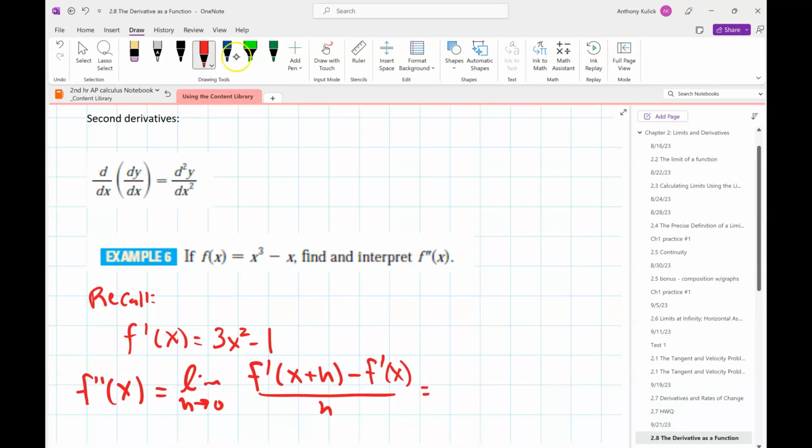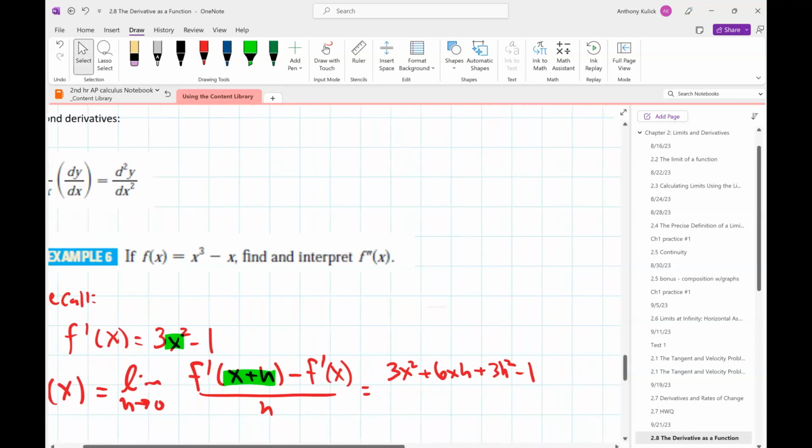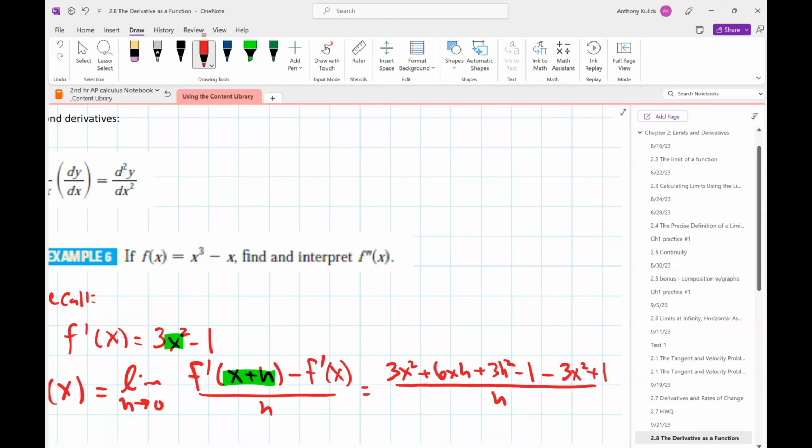So when I plug x plus h into f prime, I get 3x squared plus 6xh plus 3h squared, and then minus 1. And then minus f prime of x is just going to be minus 3x squared plus 1, all over h.